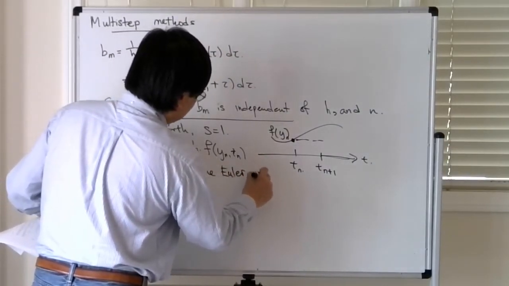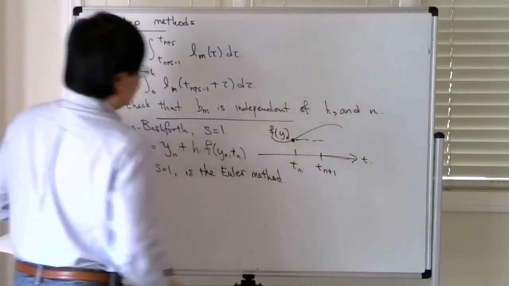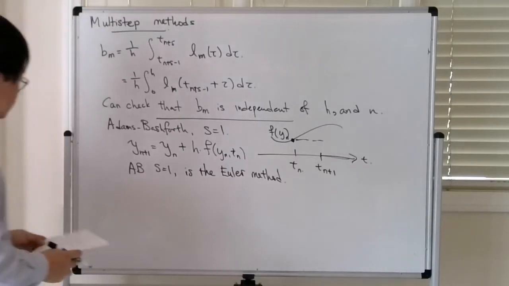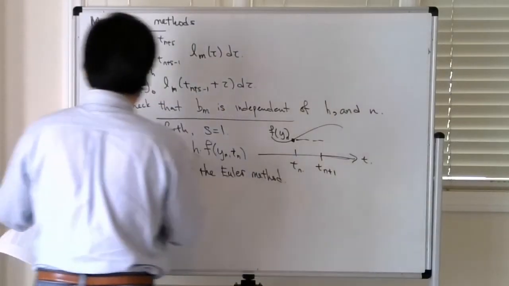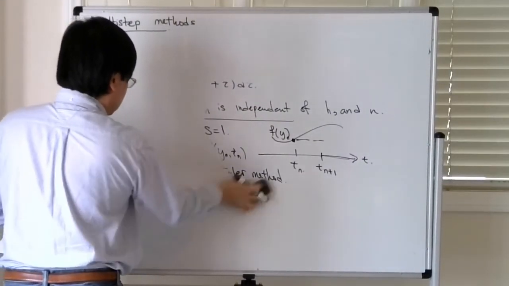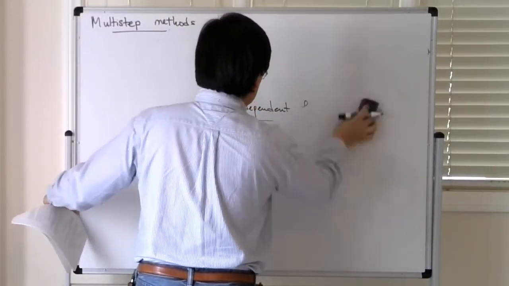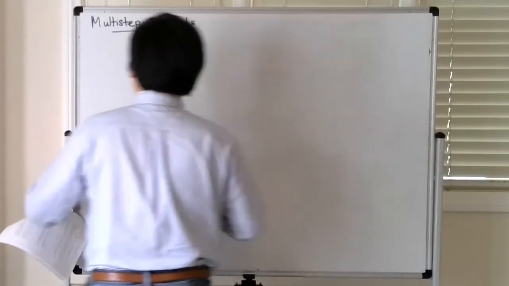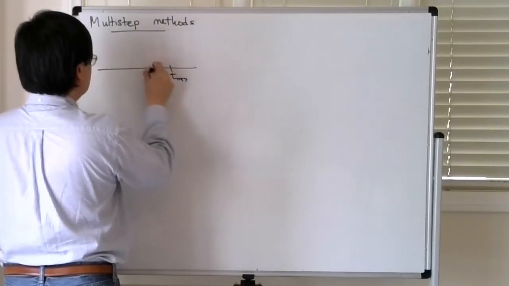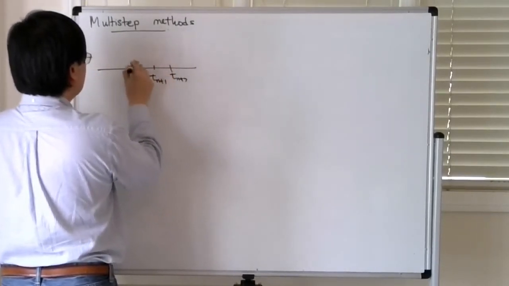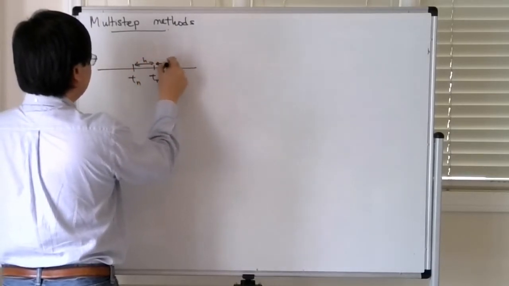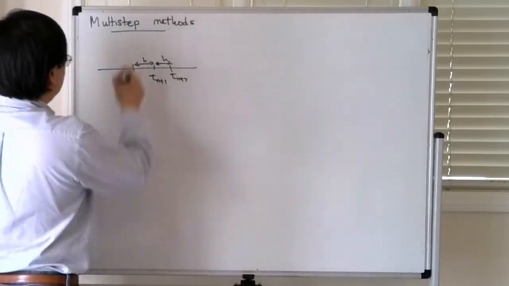So that's perhaps not too exciting. So you can ask, well, what happens if s is equal to 2? Let's see what happens there. Now you have tn plus 2, tn plus 1, and tn, and the time step between each of these is h.